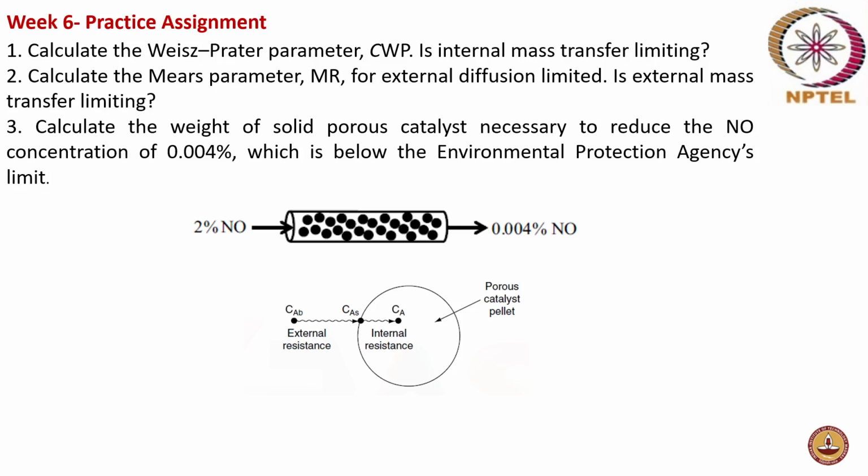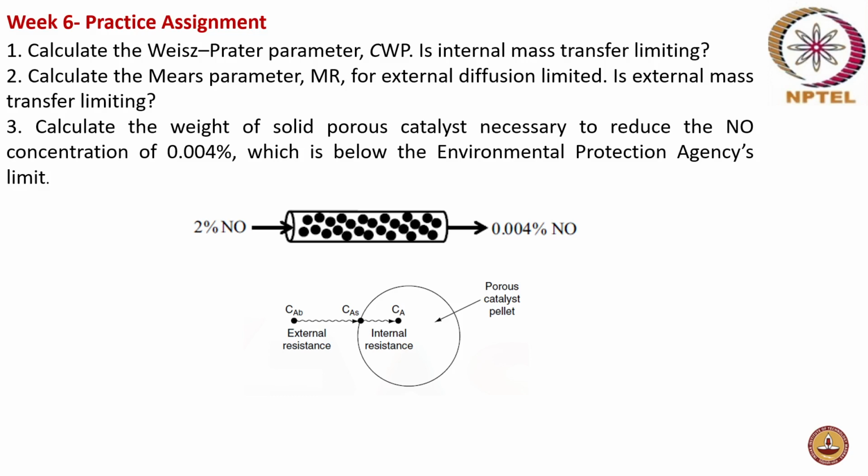And part 3 of the question is calculate the weight of solid porous catalyst necessary to reduce the nitric oxide concentration to 0.004%, which is the Environmental Protection Agency's limit.